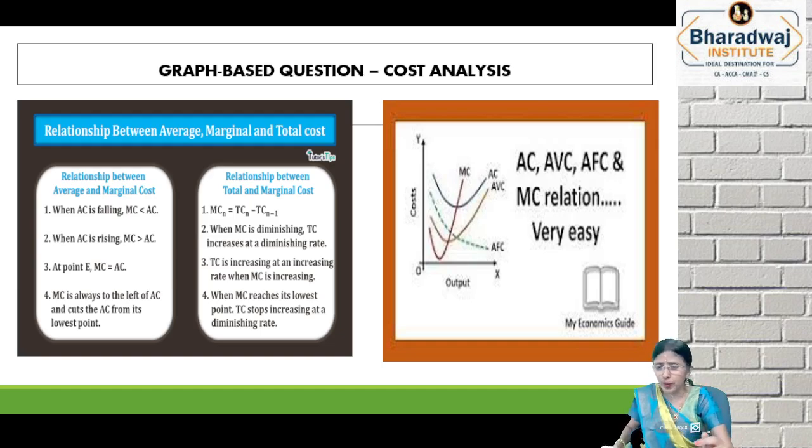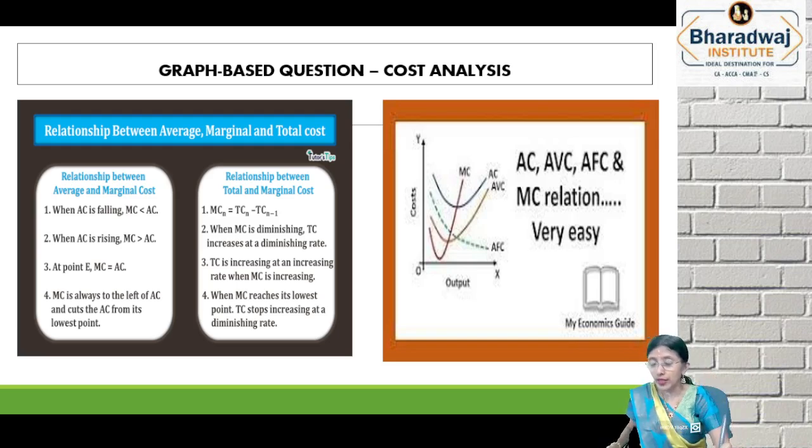And the relationship between TC and MC I've also added here, though this is one which I find in the question papers, like correct and incorrect. So that's important. But we have also added the relationship between TC and MC. You know the formula. I think yesterday also you were using the formula when we did total utility and marginal utility.